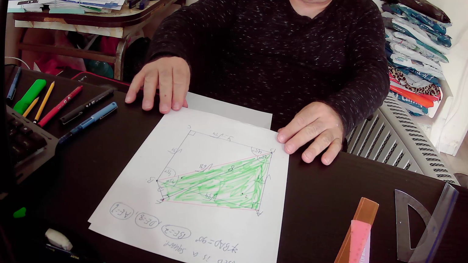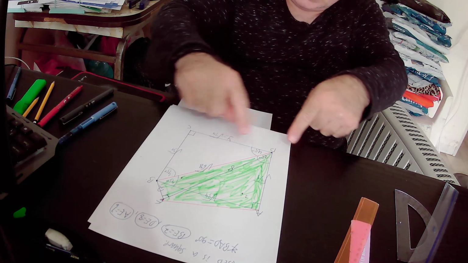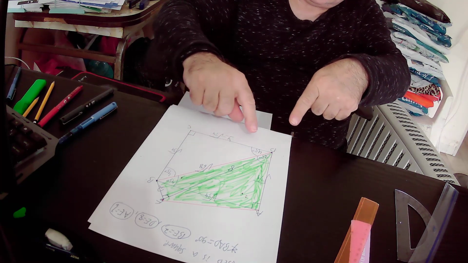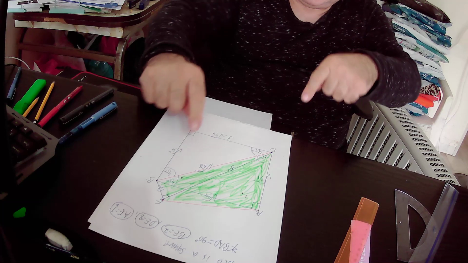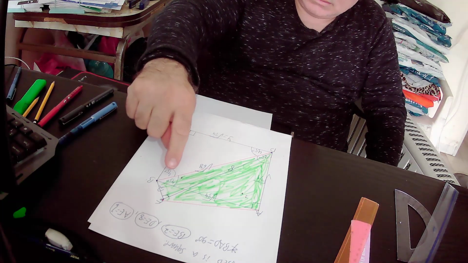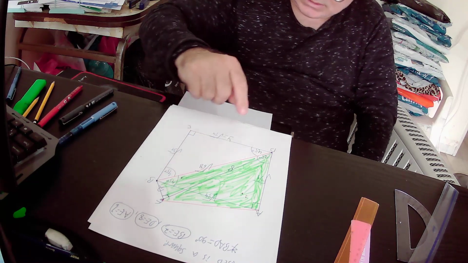So we actually connected points D and B by a straight line. This red line DB is also the diagonal of square ABCD, and it's also the hypotenuse of triangle BED. Triangle BED is a right triangle because this angle equals 90 degrees.